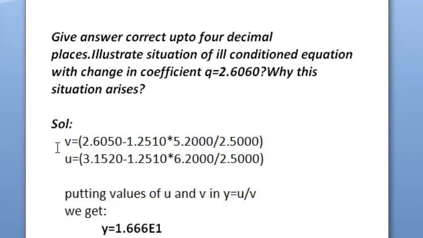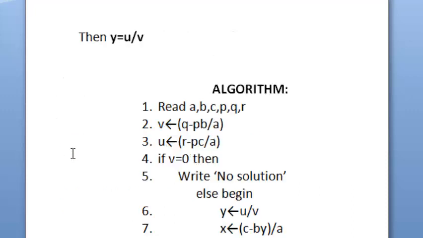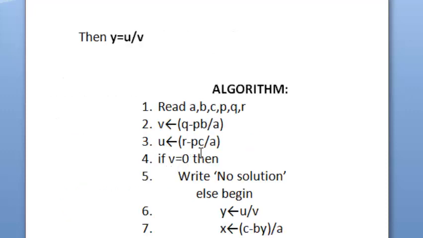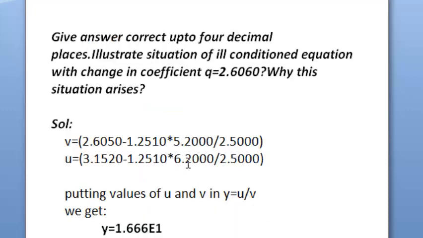Now the solution for this problem is, first we will calculate v and u according to our algorithm, by putting the values of a, b, c and p, q, r here, we get the values of v and u.